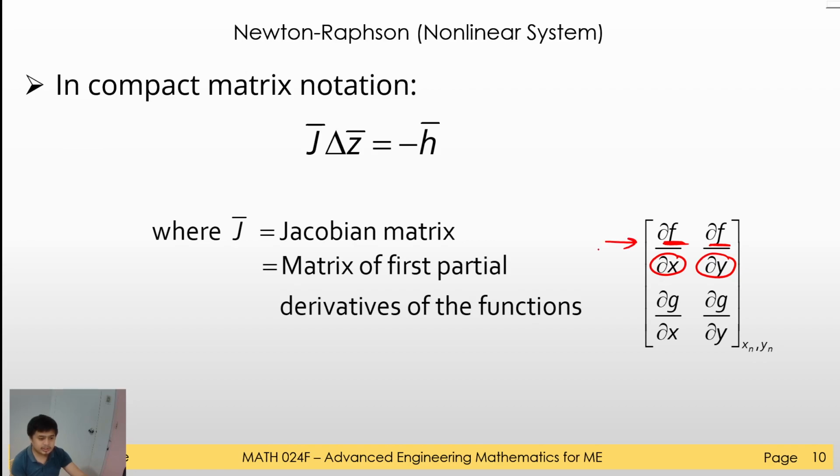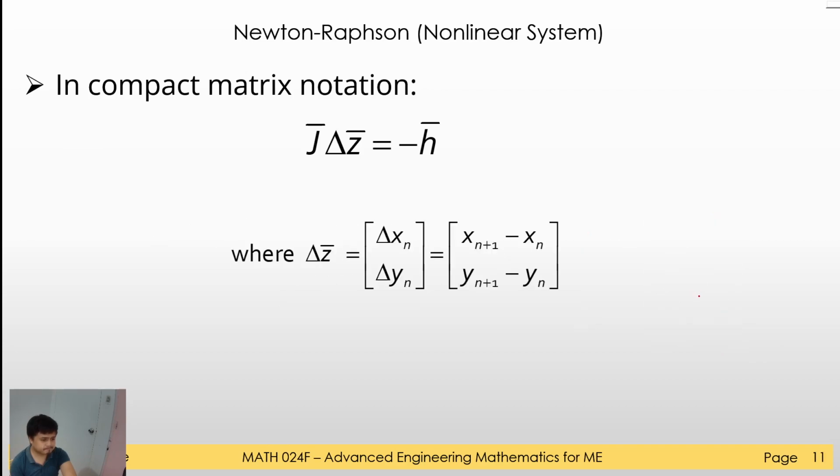For the second row, we have the g function, and same thing: the partial derivative with respect to x and the partial derivative with respect to y of g. Again, the Jacobian matrix is just the collection of the partial derivatives of the functions depending on the independent variables available.